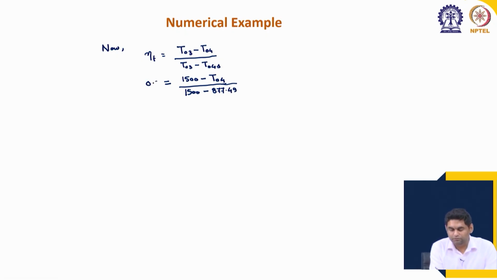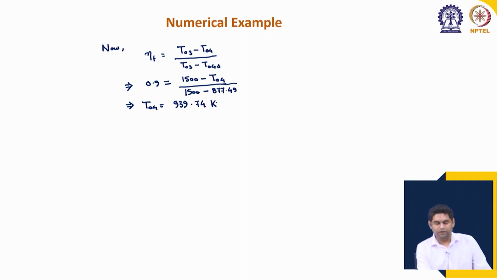So, this is equal to 0.9, which is the given isentropic efficiency, which gives us a value of T04 of 939.74. Again you can see how the temperature is higher at the exit of the turbine as compared to the ideal case.